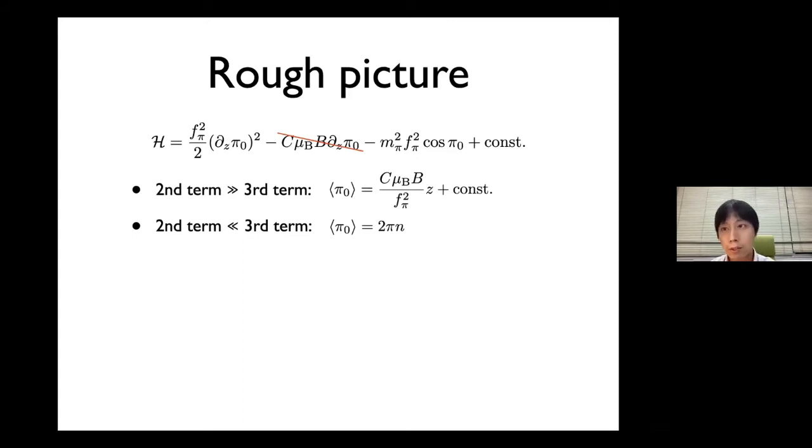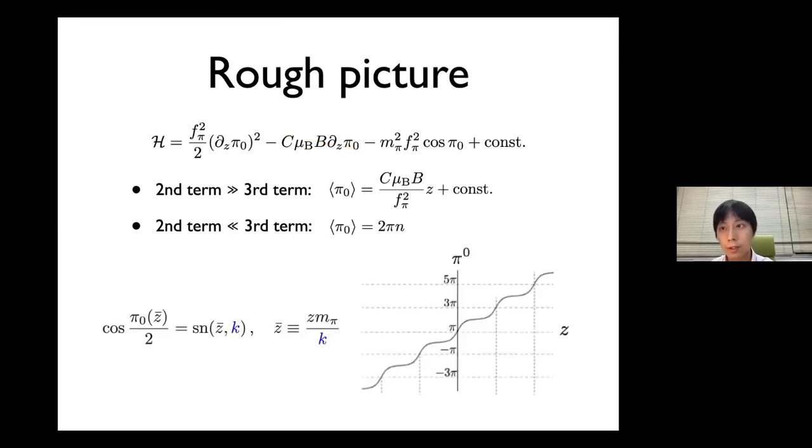These two are extreme situations, but generically we need to consider the competition between them. Globally, the pion field wants to grow linearly as given by this, but locally the pion field tends to stay at an integer multiple of 2 pi, which is exactly this form. And this behavior is exactly expressed by the elliptic function.